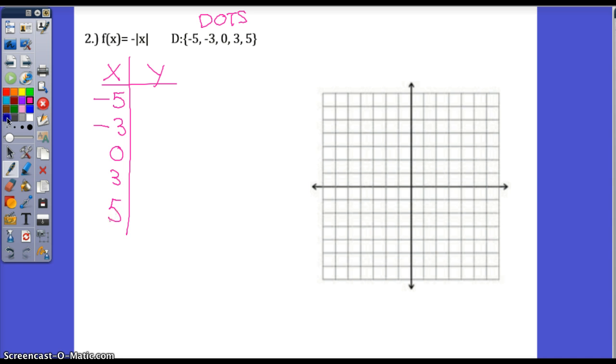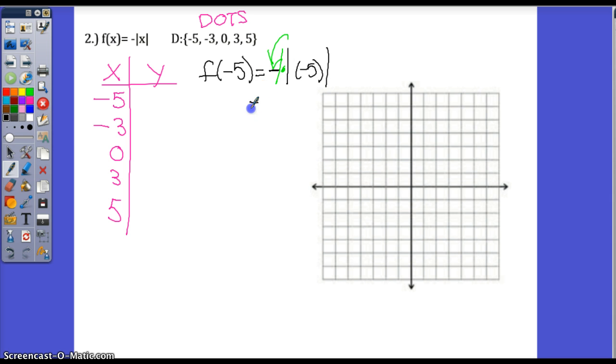Let's do some substitution. So we have f of negative 5 equals negative the absolute value, and I'll put it in parentheses, of negative 5. This negative right here, guys, is super important. It's negative 1 times whatever we get.